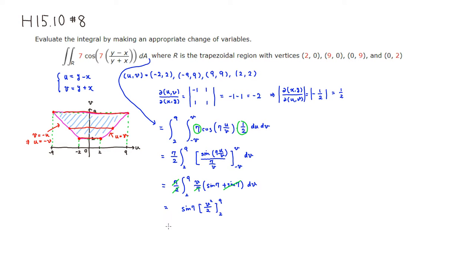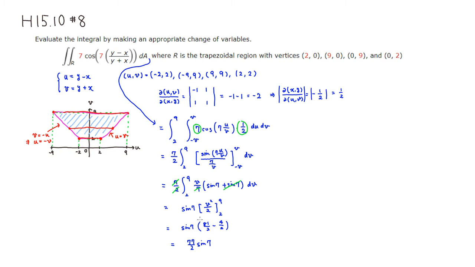So this is sine of 7, plug in 9, so you have 81 over 2, minus plug in 2, which is 4 over 2. So 81 minus 4 is 77 over 2, and the sine of 7.